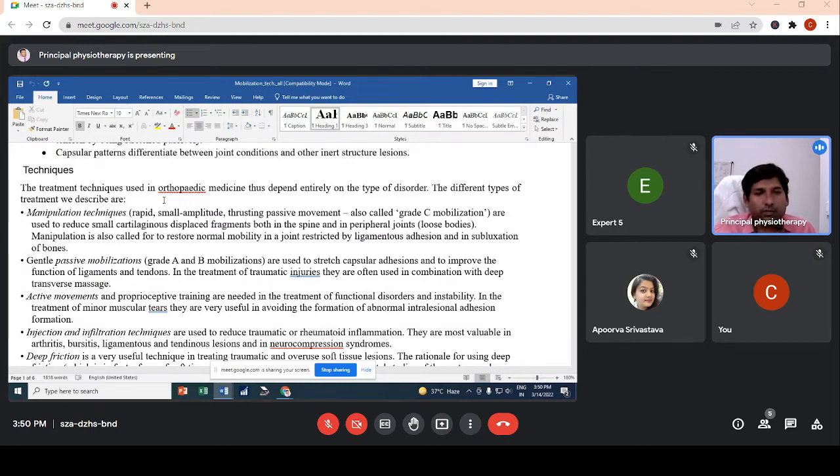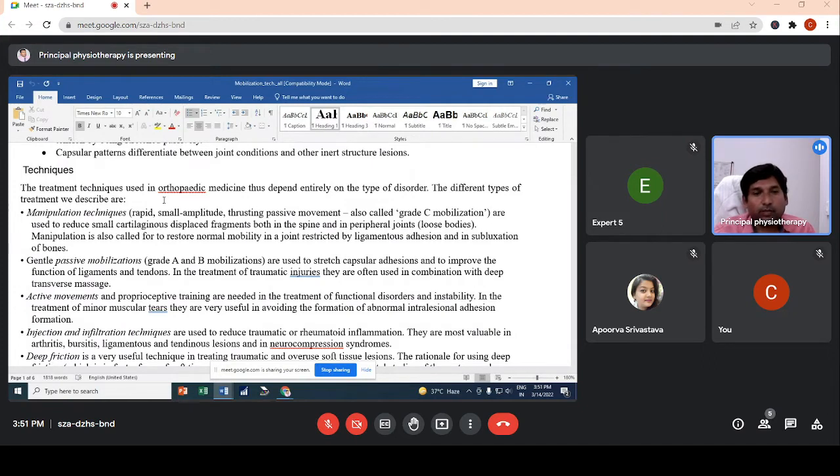This type of manipulation we also use in manipulation under anesthesia. Surgeons do this type of manipulation, and we also give manipulation in case of chronic joint pain.